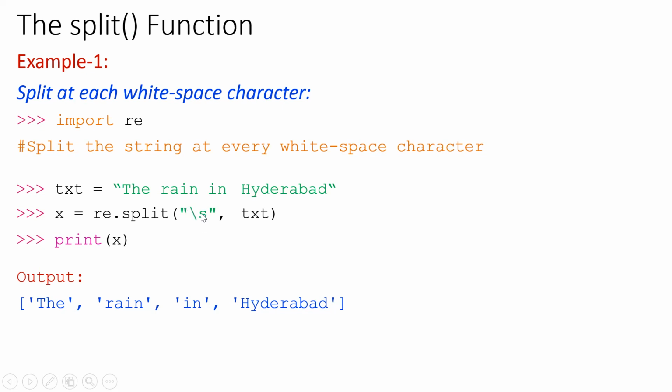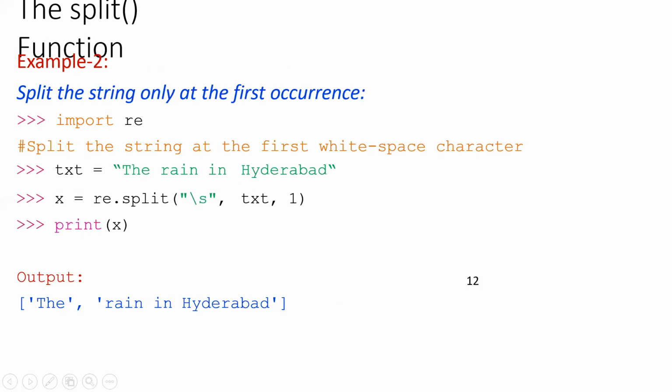This regular expression \s means a white space character. If there is a match at the white space, the text will get split. So that string is split at 4 places: the, rain, in, and Hyderabad. So this is the split function.